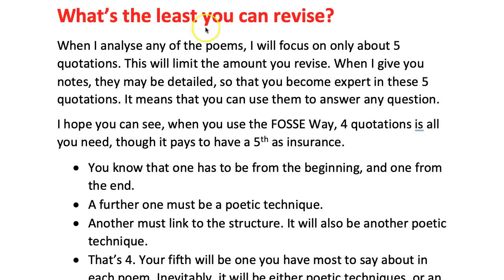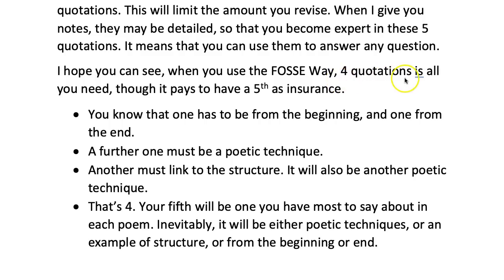So my top bit of advice, if you're not revising all of the poems, and I'm not saying you shouldn't revise them all, by the way, but if you're not, then you should revise the ones written before 1918. And then my next bit of advice, when you're revising those poems, is to follow my teaching on the Foss way, which shows you how to write about just 5 quotations, or even as few as 4, because one of your points in the Foss way is actually about form.